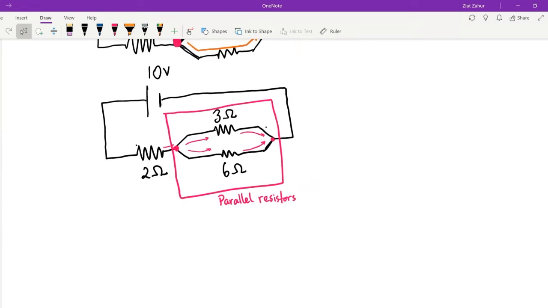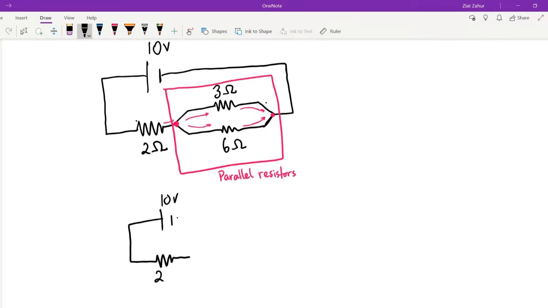Which means I can replace them. So let's redraw the battery, 10 volts. We will have our 2 ohm resistor, like so. And now I'm going to replace these 2 resistors with just a single resistor that has the combined value of 3 and 6.